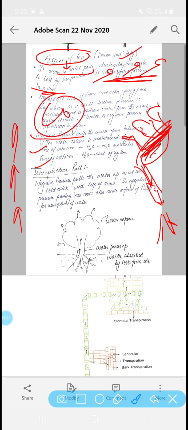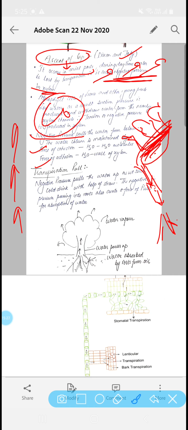Adhere means to stick. So the force of adhesion is between water and the wall of the xylem. These two forces are responsible for the continuous supply of water throughout the xylem column. Okay, so by this we can see how pressure is created on the roots, and then the water and minerals are transported upward.